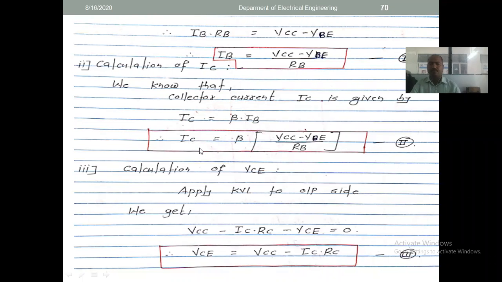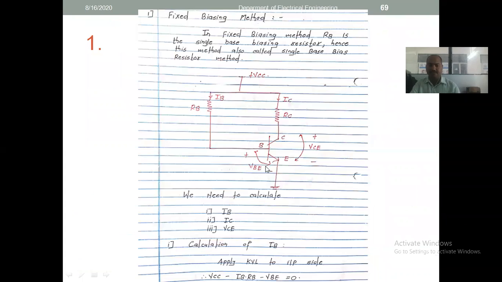When we have to calculate the VC, the VC term comes with respect to the output. So to calculate the VC, we apply KVL at the output side, starting with plus VCC and ending with ground. So plus VCC minus IC into RC minus VC.